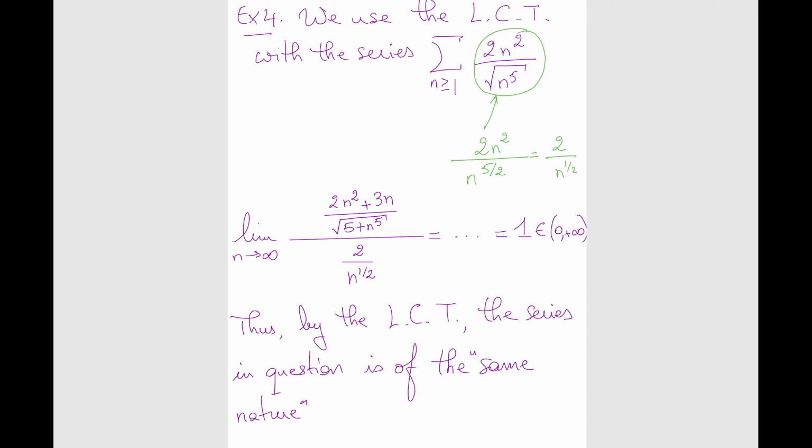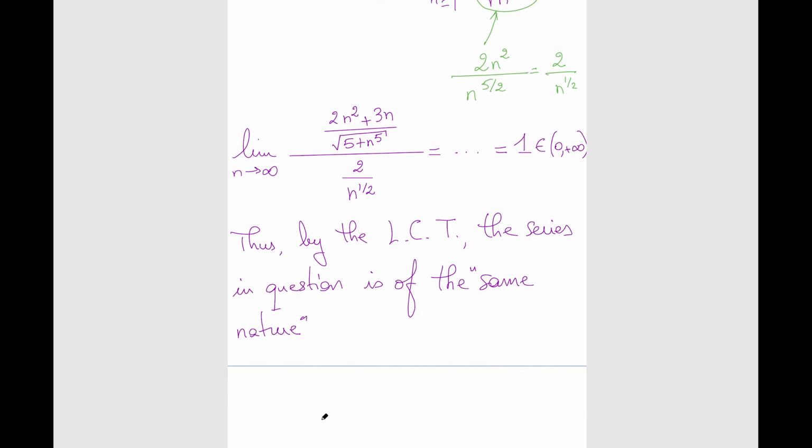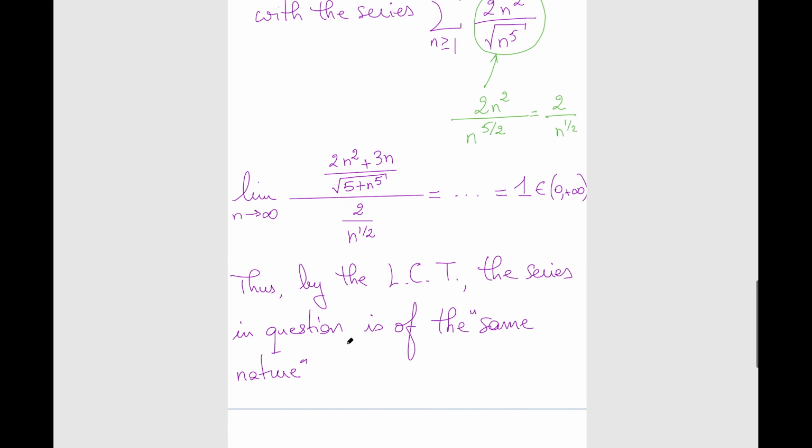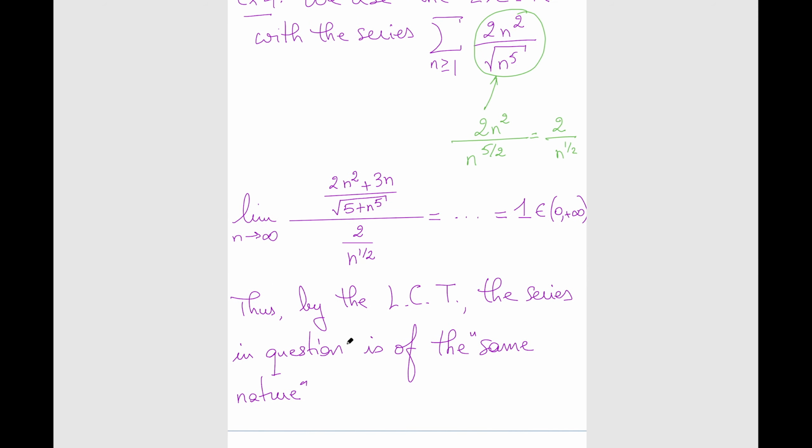By same nature, I probably haven't defined it, but I mean that they either both converge or both diverge. So it's the same nature as the series whose terms are 2 divided by n to the power half.